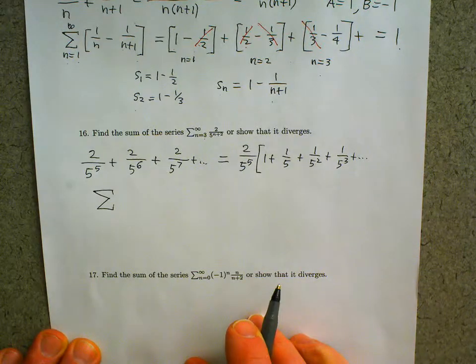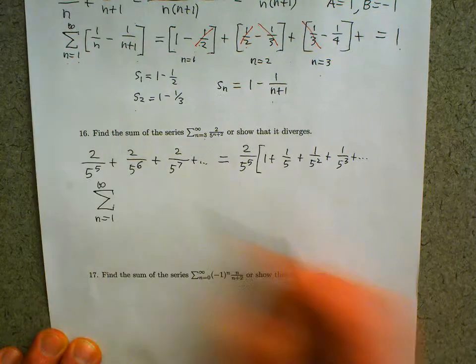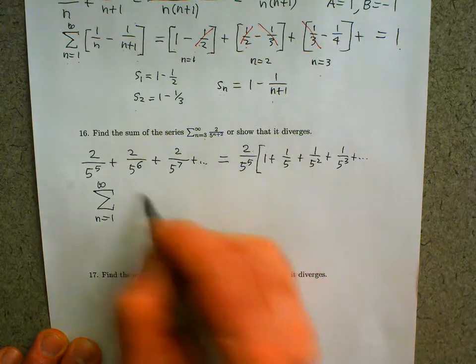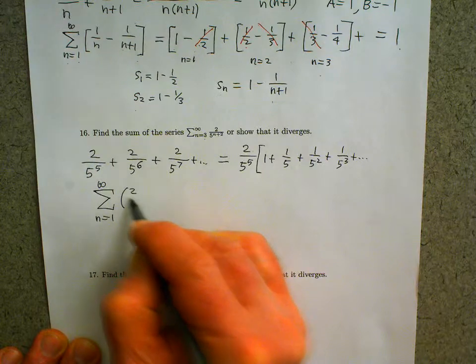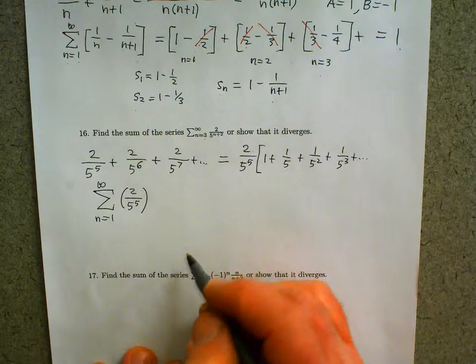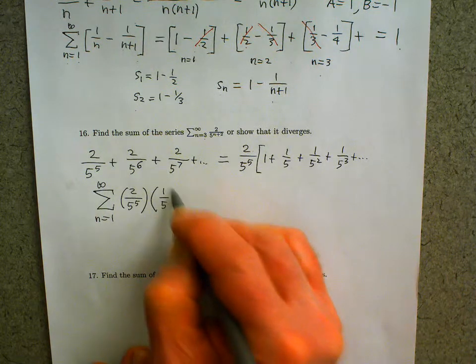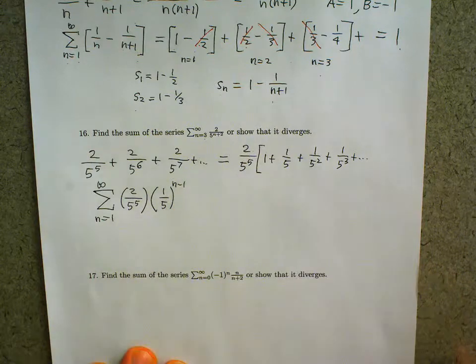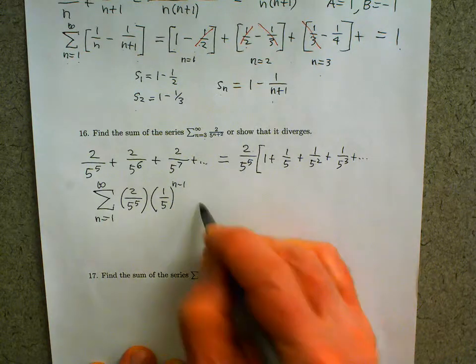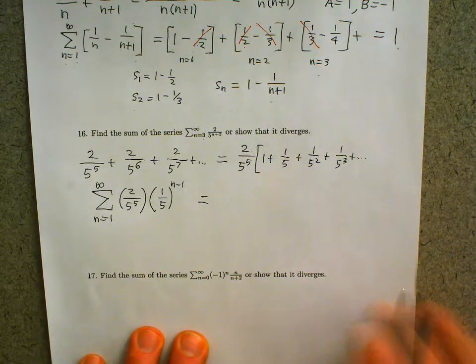In the sigma notation, we can start at n equals 1. And the a term is 2 over 5 to the 5th. The common ratio is 1/5, so we write 1/5 to the n minus 1.